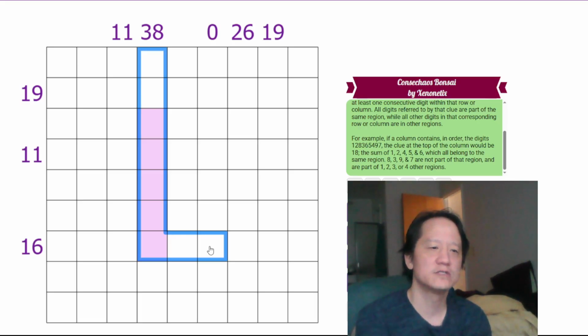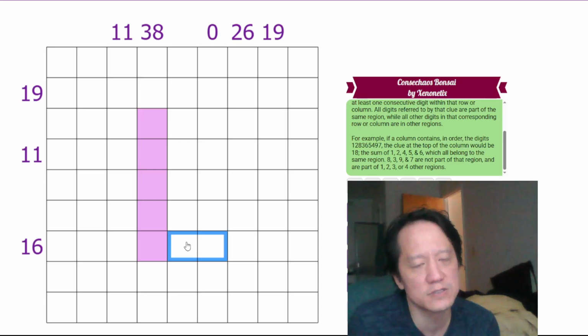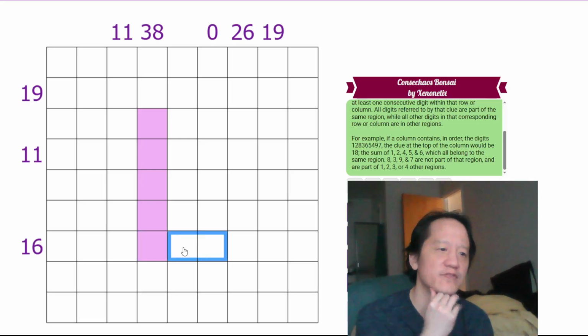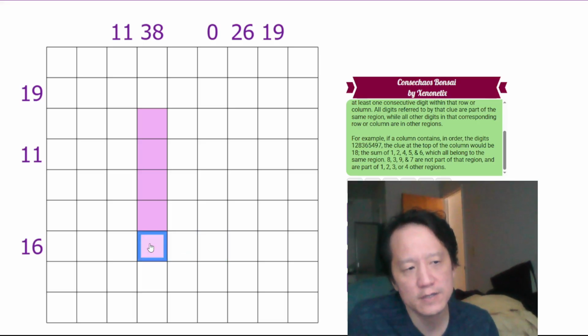Is it possible... So this would be essentially adding up to 7. 7 plus 9 is possible. So that... But how would it be consecutive? It can't with 9.